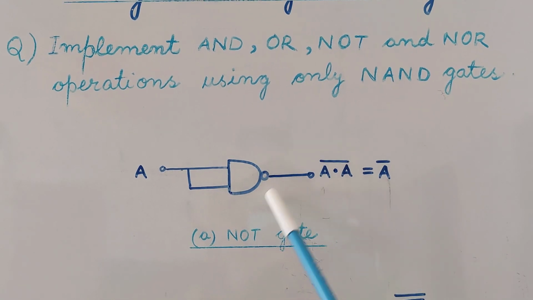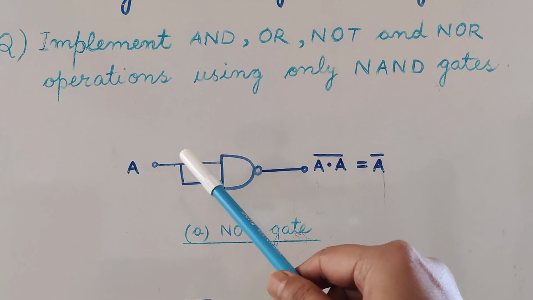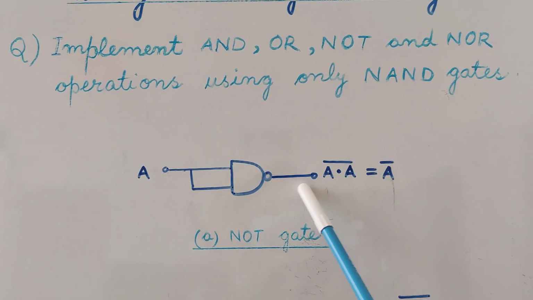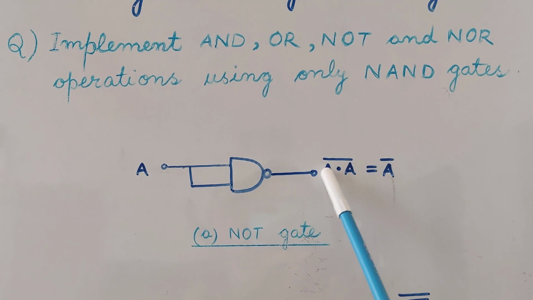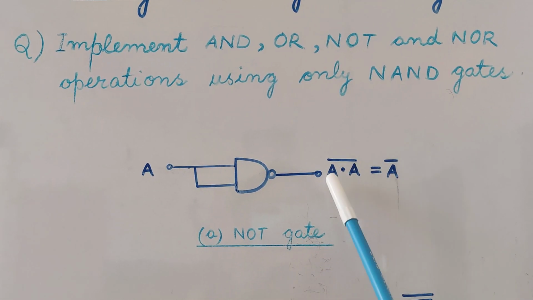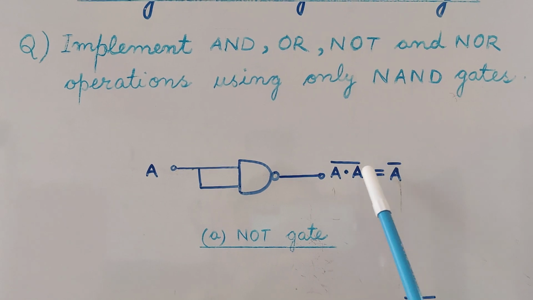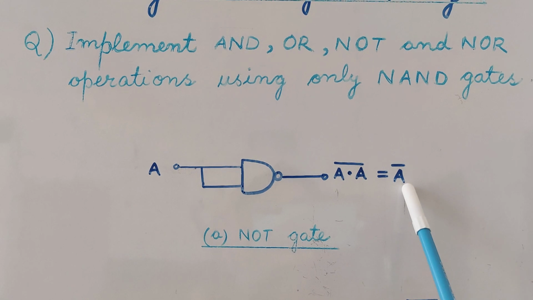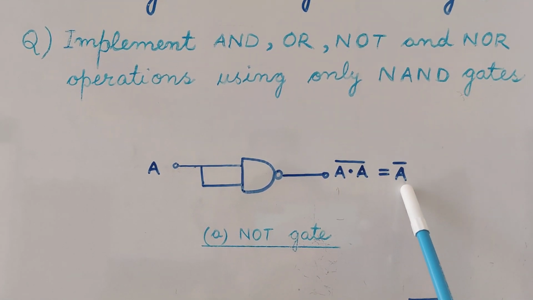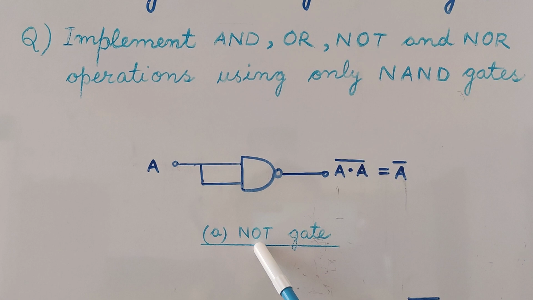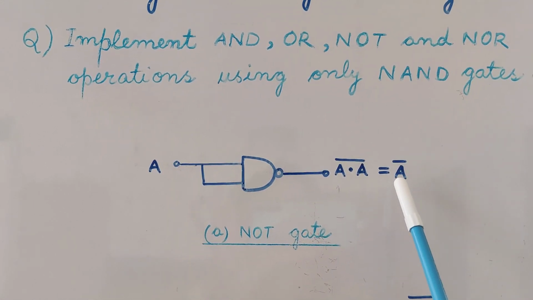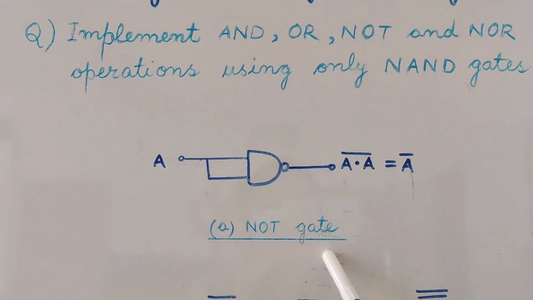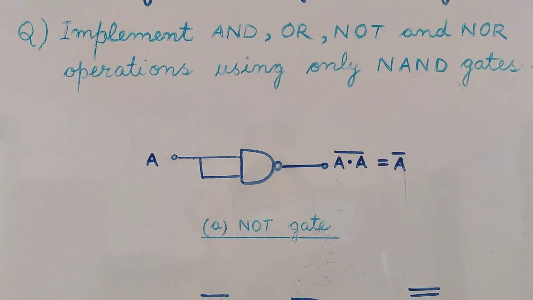If we take one NAND gate and give one input A to both the terminals, then the output will be equal to the complement of A dot A, and we know that A dot A is A. So this value comes out to be A complement, and A complement is the output of a NOT gate, because in a NOT gate, when we give the input A, we get the output as the complement of A. So we have implemented a NOT gate by using one NAND gate.